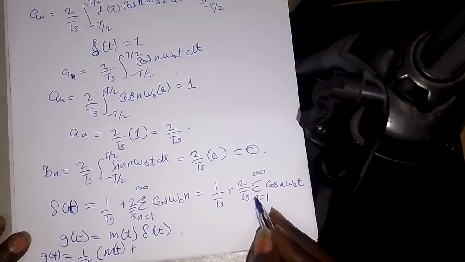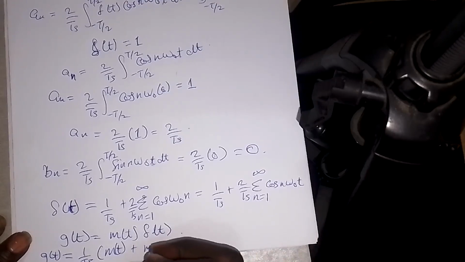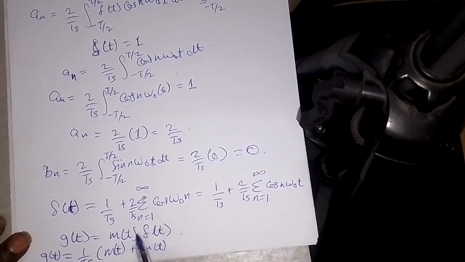So m of t will multiply here and also multiply here. See that this m of t is multiplying delta of t, so it will multiply what is here and also what is here.